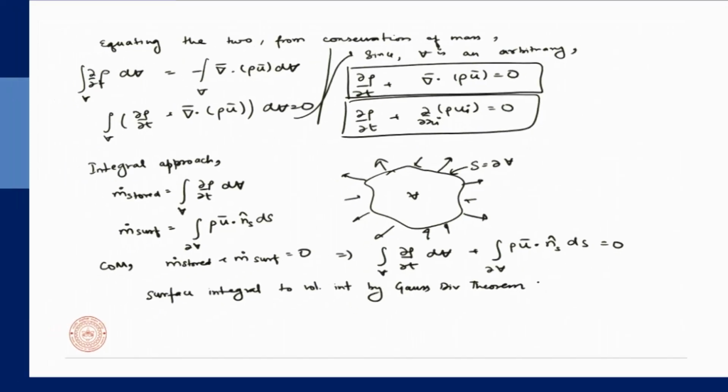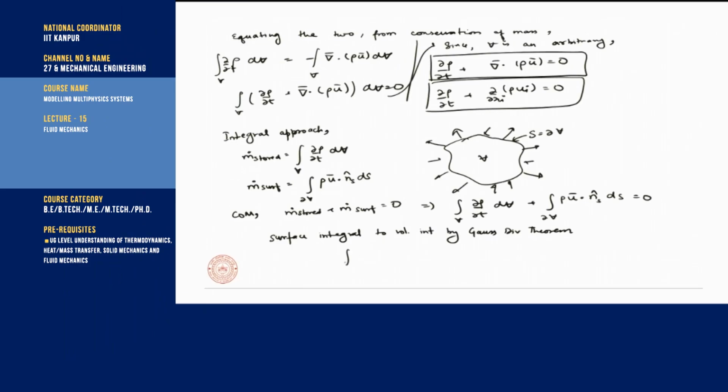And this we have done earlier. Let us first do this part in this slide. So, the integral over ∂V of ρ u vector dot n cap dS is equal to the integral over volume of the divergence of ρ u vector dV. If we substitute this and take everything into one integral, we will get the same formula as last time.